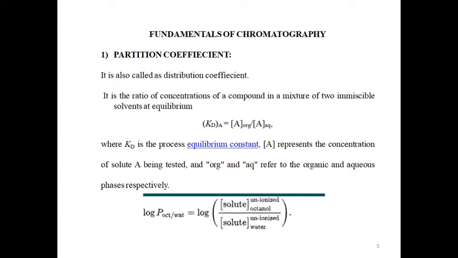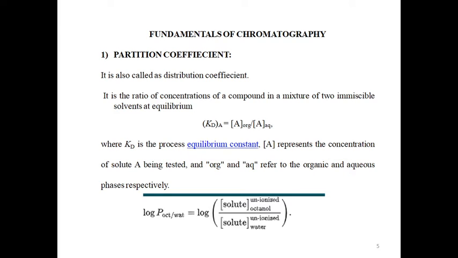Now let us take an example of benzoic acid. The two solvents that we will be considering are benzene and water. We already know that benzoic acid is an organic acid. Benzene is an organic solvent. Water is an aqueous solvent.